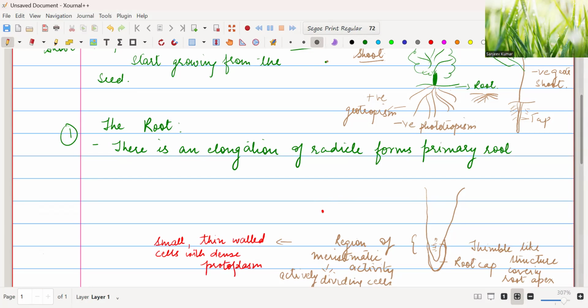Above this there is the region of elongation.